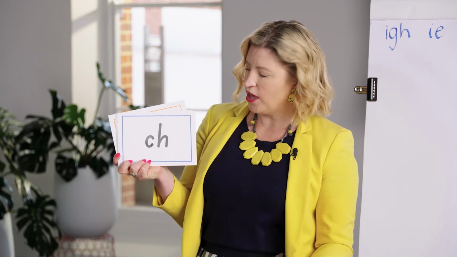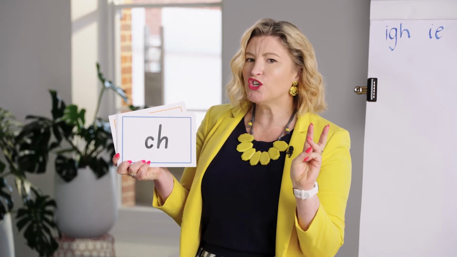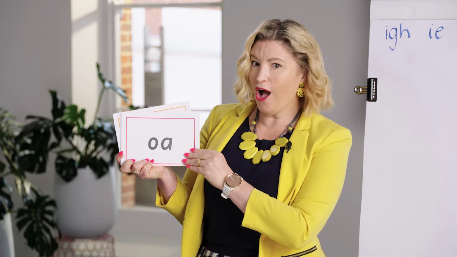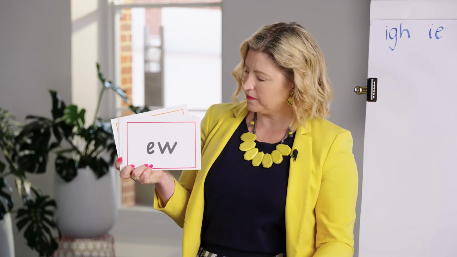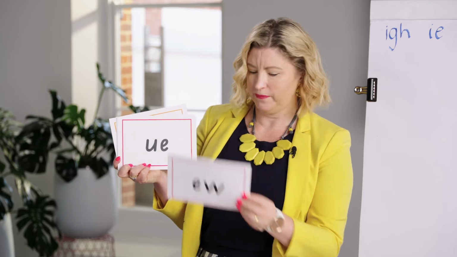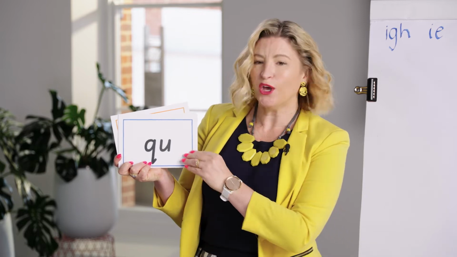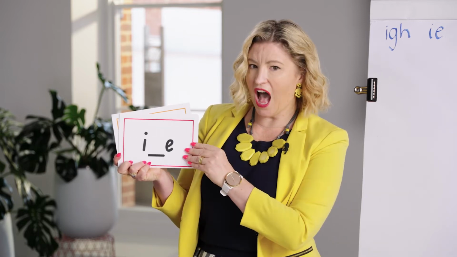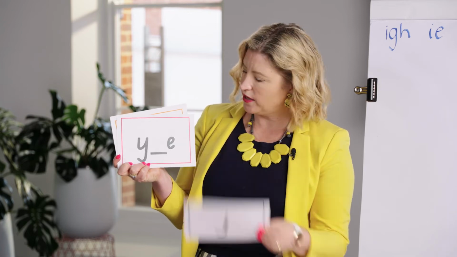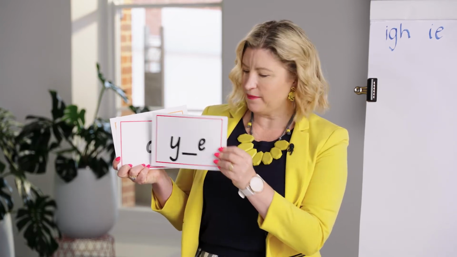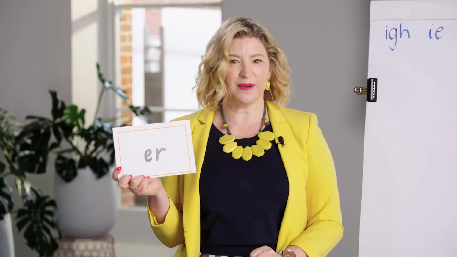Or. 3 sounds. Got them? Ch, k, sh. O. Soft sound, S. Oo, U. U. Oo, as in glue. Qu. I. Or. J. I, as in tire. A. First choice for spelling.